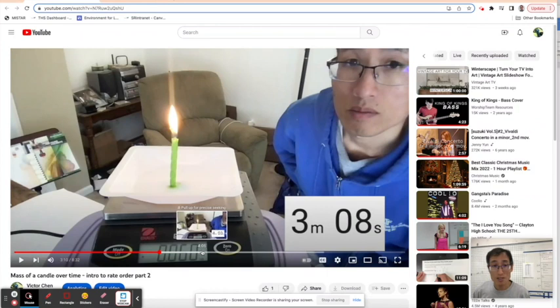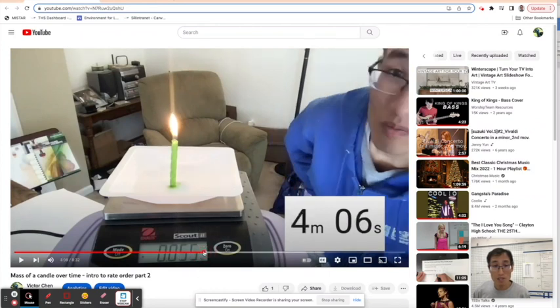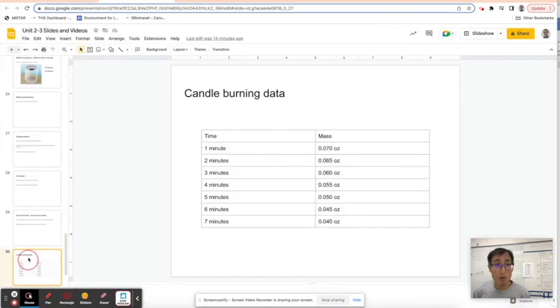You can see the mass is going down. Now we're down to 0.060, 0.055. We keep doing this over a period of time, and the mass is going to drop. We start at 1 minute, 0.070 ounces, and then we just keep going down.